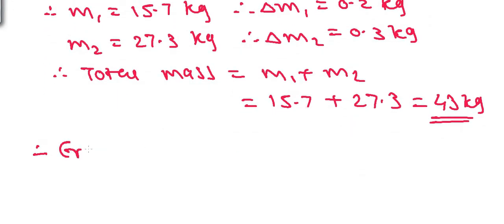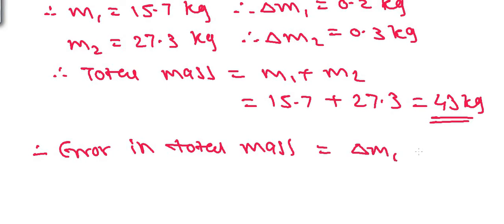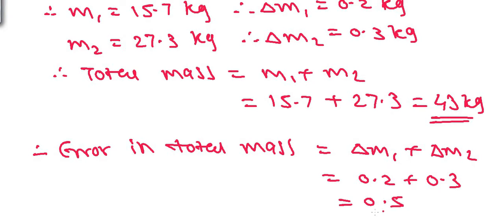Therefore error in total mass is equal to delta m1 plus delta m2, that is equal to 0.2 plus 0.3, that is equal to 0.5 is the total error. Of course, error is also in kilogram. And we write the final error as plus or minus.